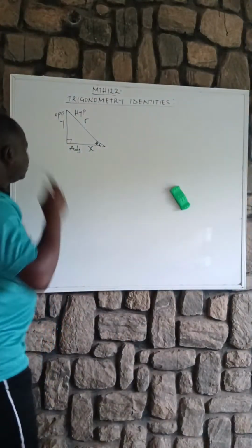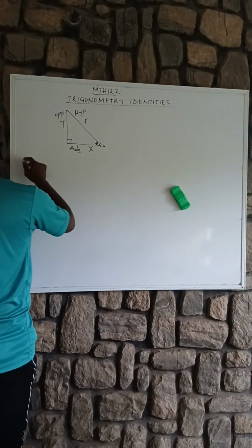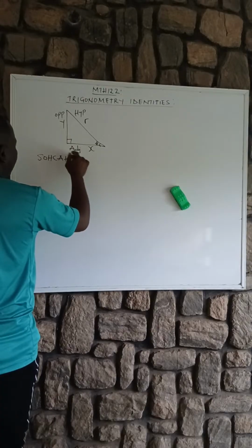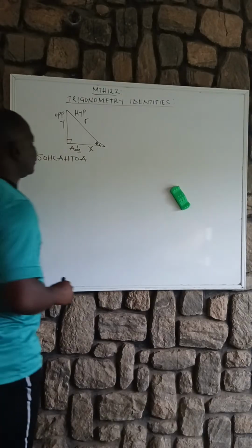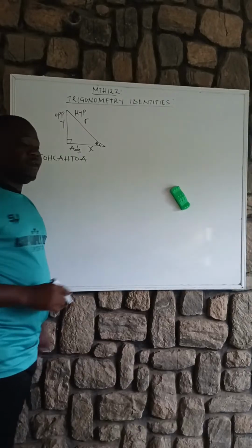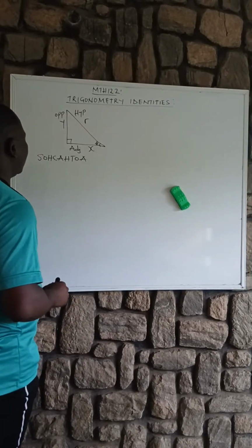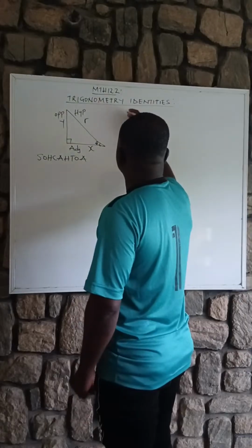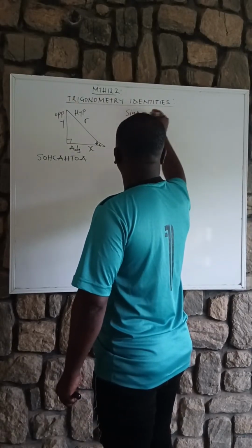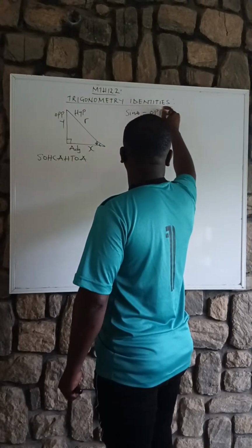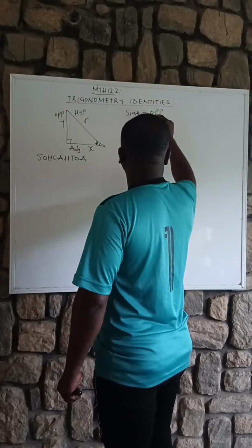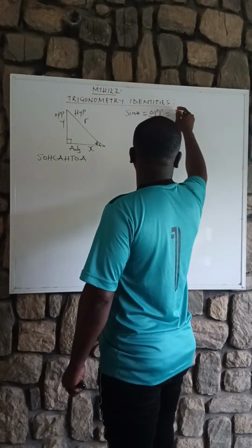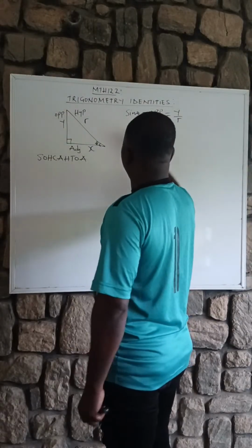We recall SOHCAHTOA. It is very important. So let's take note of this. Sin theta is equal to what? Opposite over hypotenuse, which is equal to y over r.